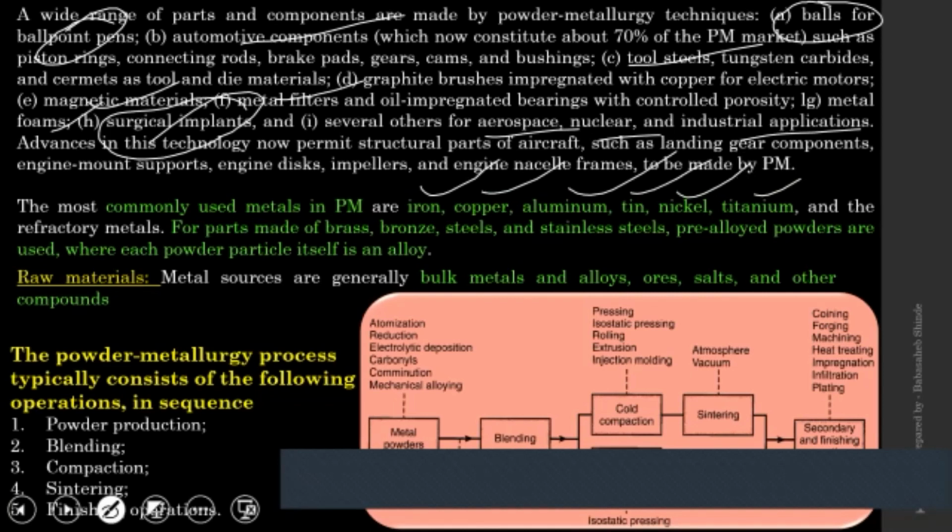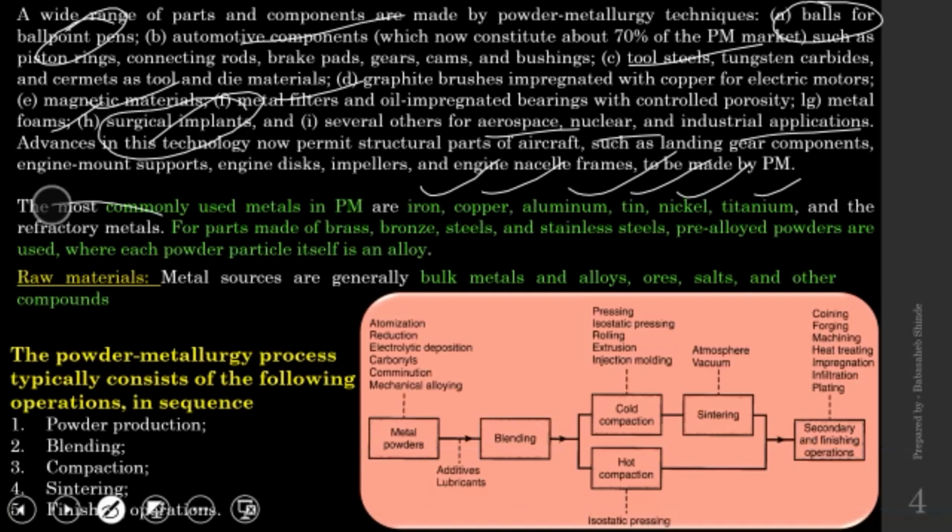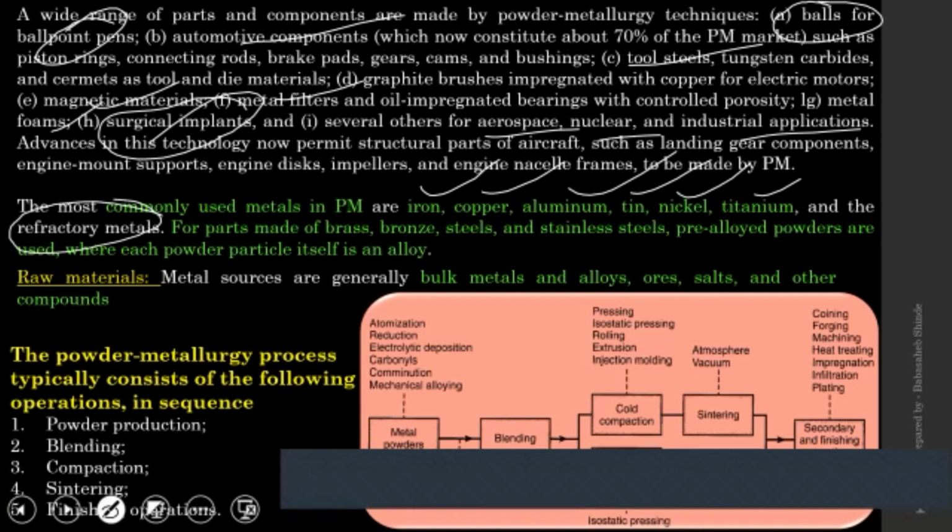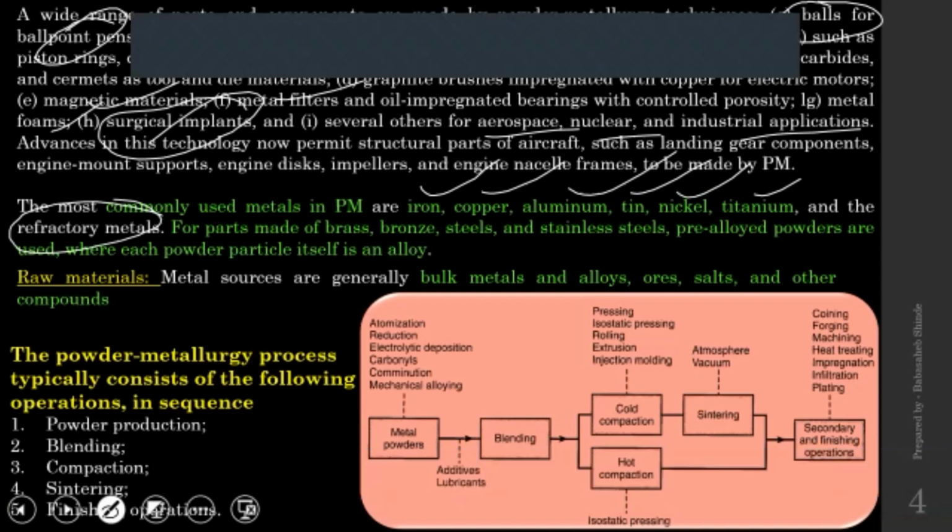Additionally, some refractory metals are also processed using powder metallurgy. Refractory metals are the metals that can withstand their properties even at elevated temperature, and because of that characteristic, these metals are used in refractories. So that group of metals is called refractory metals.